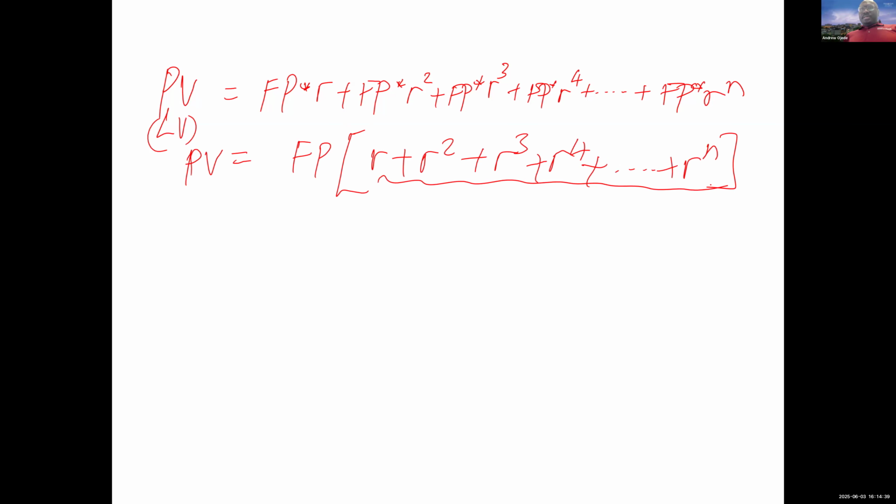We have two types of series that you learn in grade school: an arithmetic series and a geometric progression series. Whatever you have in parentheses here, R plus R squared, R cubed, R to the 4 up to R to the n, is what we call a geometric progression series.